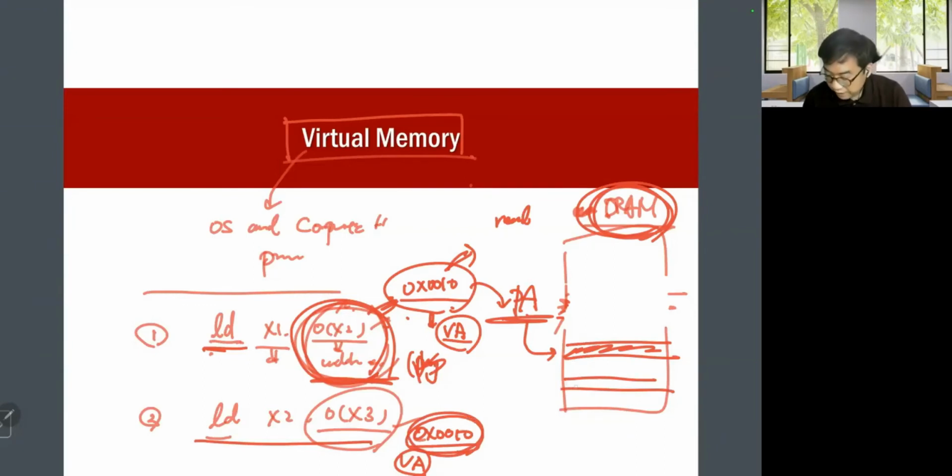So this different data exists in the DRAM with a different real address, a different physical address. So this virtual address is translated into a different physical address and accesses a different location in DRAM. So what does that mean?